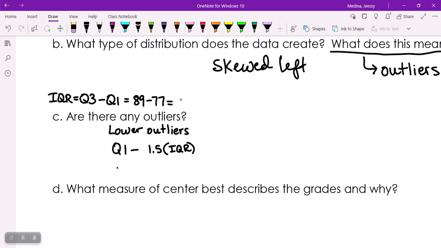It's not 4, it's 12, because in the calculator we did 89 subtract 77. Also on the number line, we started at 89 and went 77 to the left and ended up at 12.